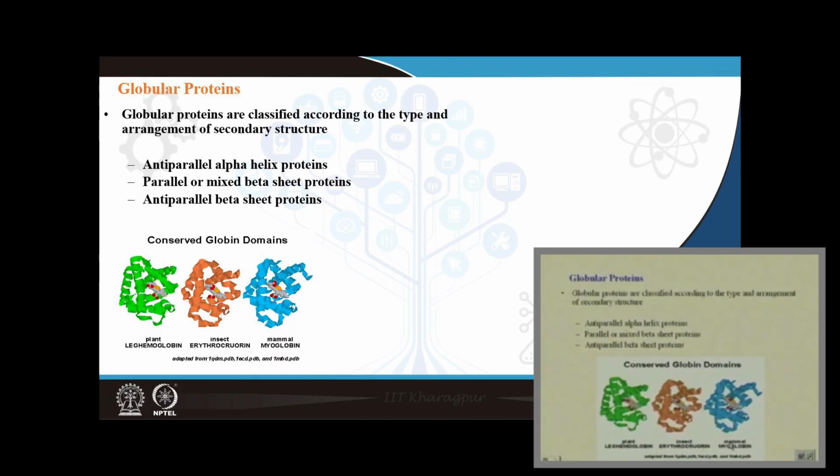What do you notice here? You notice that each of them have very similar structure. The reason being that they are going to perform the same function. So whether it is from a plant or an insect or a mammal, because these globins perform similar functions, they have similar structures.